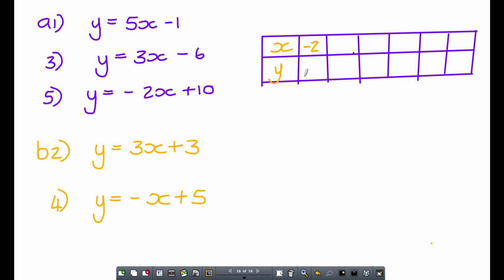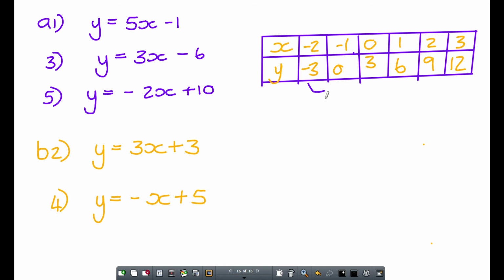So they had minus 2, minus 1, 0, 1, 2, 12.